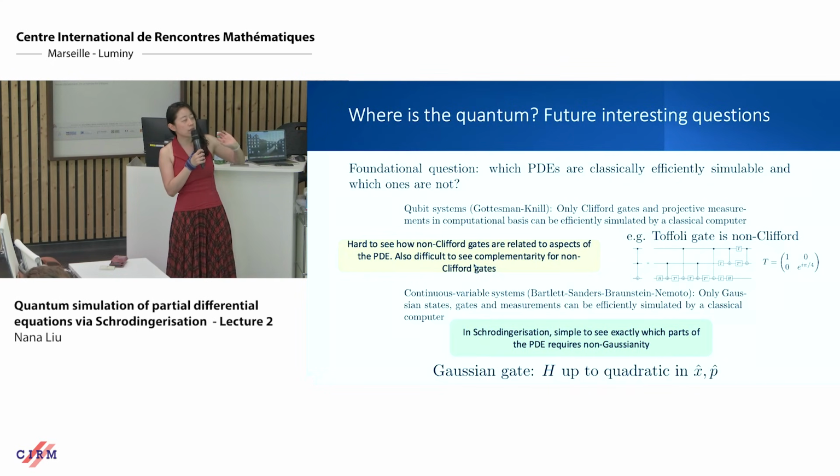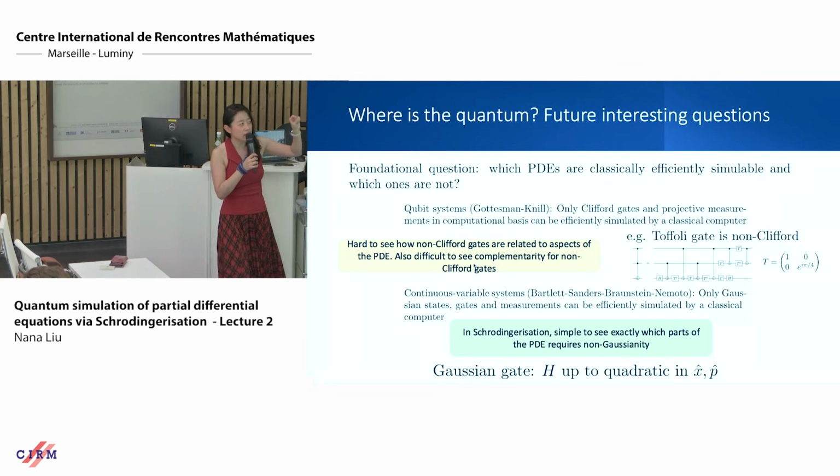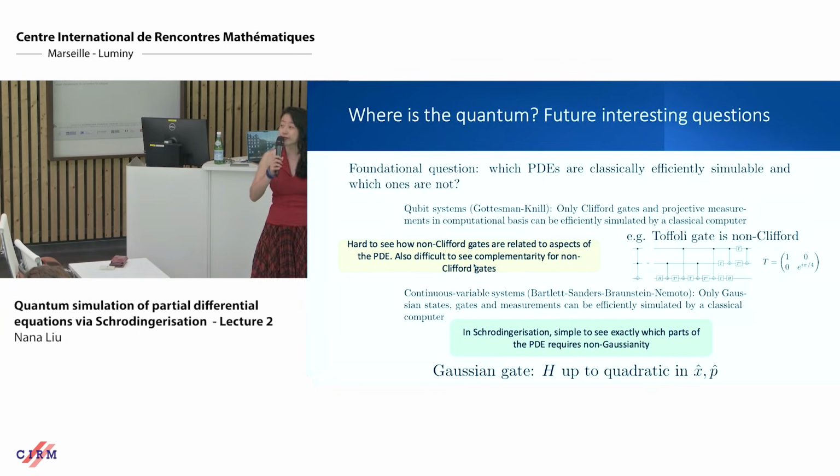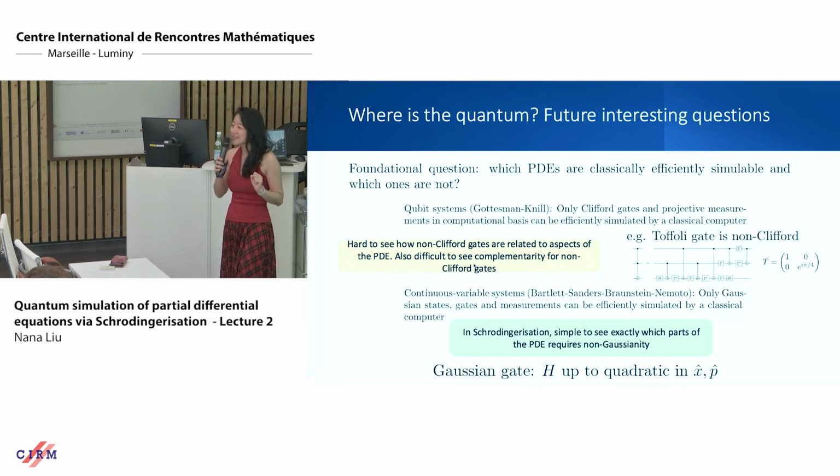But on the other hand, there's actually a version of the Gottesman-Knill theorem for continuous variable systems. This is by Bartlett, Sanders, Braunstein, and Nemoto. What they say is that the corresponding statement is that the classically easy operations are Gaussian operations. This is something we mentioned before.